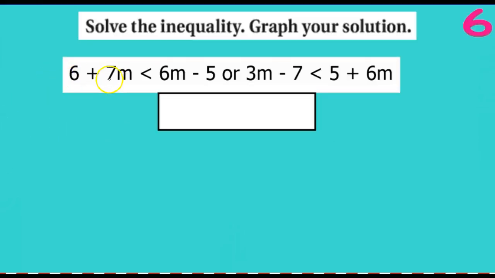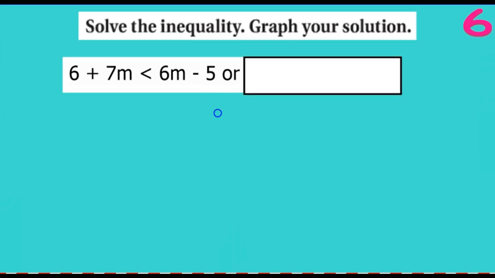Alright, last problem. We have an OR inequality here. Now, this is a big problem. So what makes it easier is to block off one side of it so you can do one side at a time. So here we have 6 plus 7m is less than 6m minus 5. We can never have two variables, so I need to move my variables over to one side.